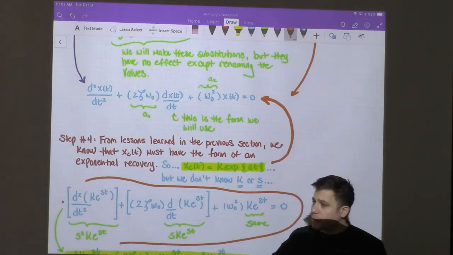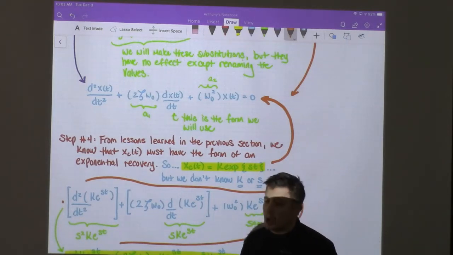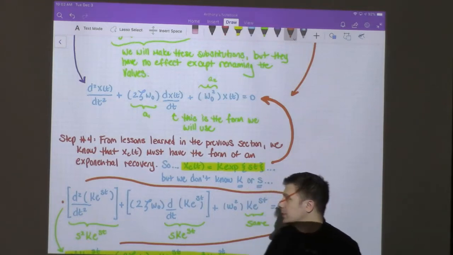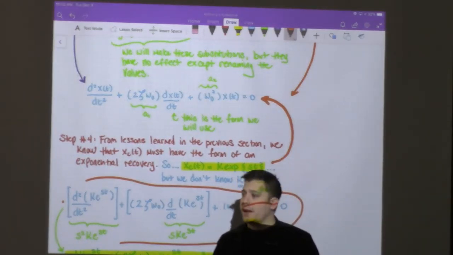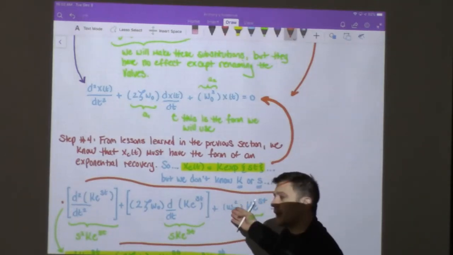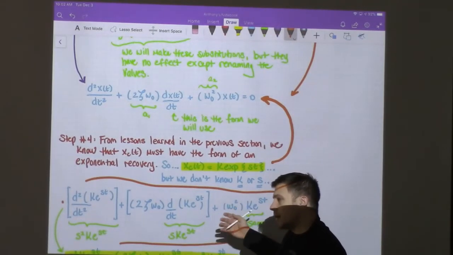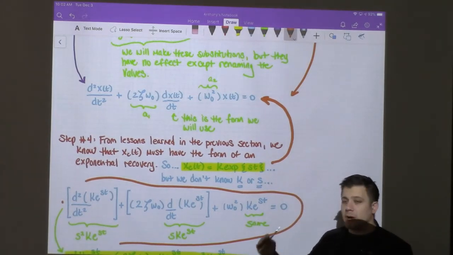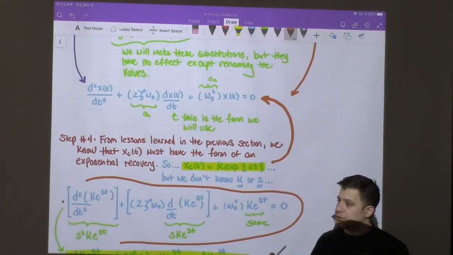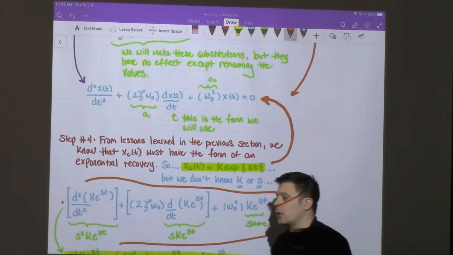Right? In the first order problems, we had to solve for our tau, which is related to s. We had to solve for our k1 and our k2. These problems are going to end up working in a very similar way. We're going to get a form in like 5 minutes, and then the problems are going to be associated with trying to solve for the coefficients.